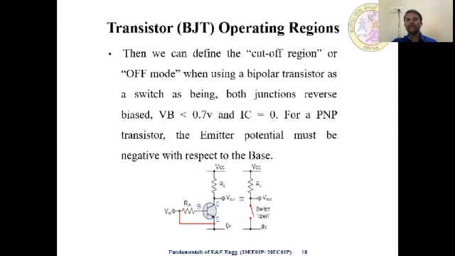Now we define the cutoff region or off mode when using a bipolar transistor as a switch as both junctions reverse biased, when VB is less than 0.7 volts and collector current is 0. For a PNP transistor, the emitter potential must be negative with respect to the base.